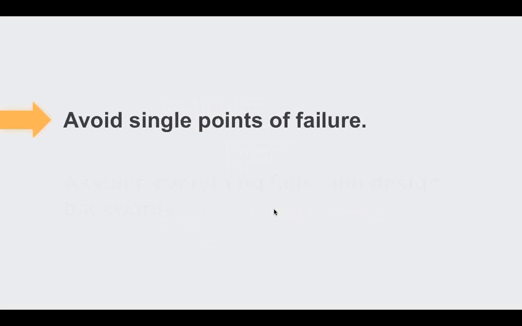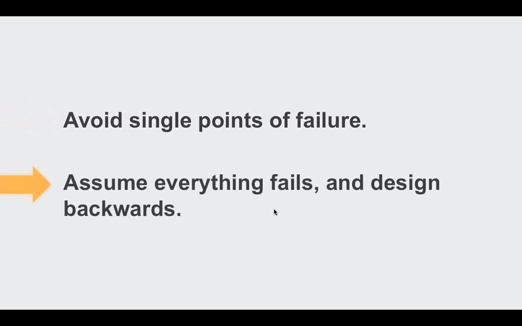You can use the help of our solution architects at AWS. Identify any single points of failure and take mitigating actions. Remove those. Then, failure should not be an exception. Failure of component systems and services should be considered a normal action. So assume that ultimately anything and everything can fail and then design backwards from that.